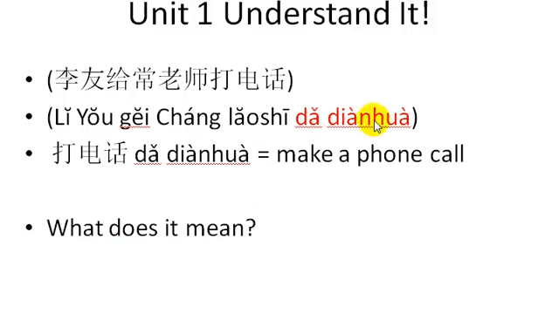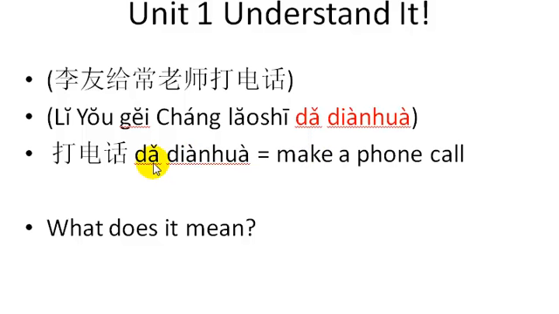Okay, 打电话. 打 is one of those verbs. You've seen it before in 打球, to play sports or to play ball. It originally means to hit, but it's one of those multi-purpose verbs. And so here it means to make, in this case, to make a phone call.